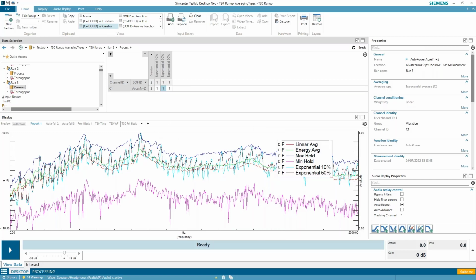Although 50% you see is right there on top of 10, and then I have 90. And you see all of these essentially are right in the same ballpark. That has to do with how much this old data is being updated through that process. And I'll show you that here.